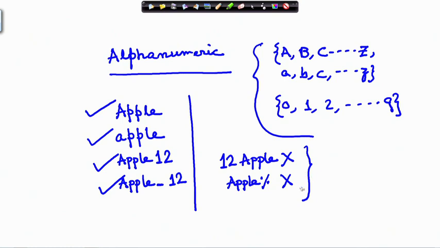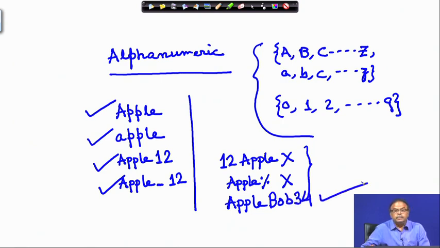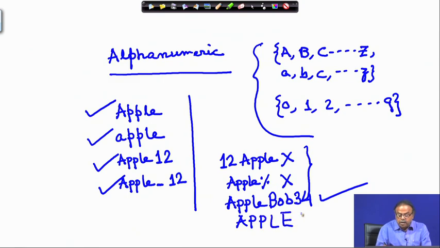Okay. So, this is not allowed, but say apple Bob 3, 4, this is a valid name. Here I can use, again, APPLE, B small o small b, this is also a valid name.